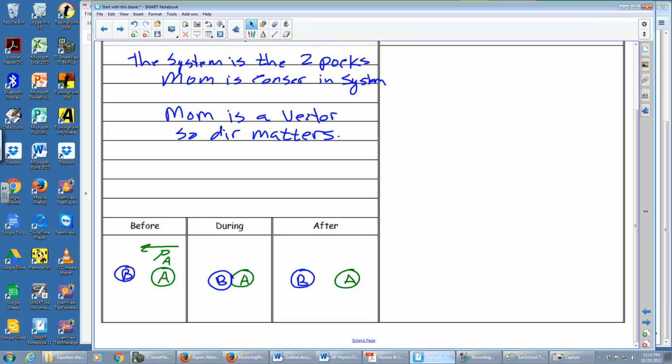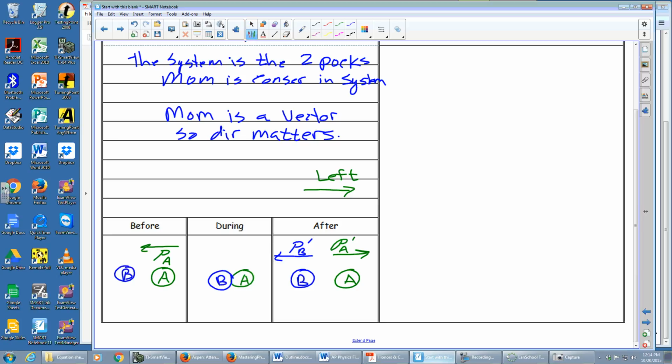Yeah, so I'm going to call this direction left. Make my life easier. They had them obviously the other way. So this will be the momentum of A afterwards, and then B moving to the right. That will be the momentum of B afterwards.